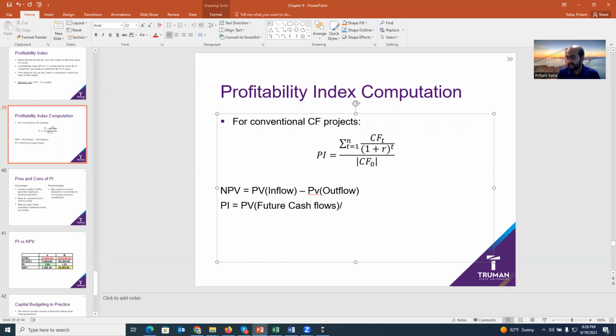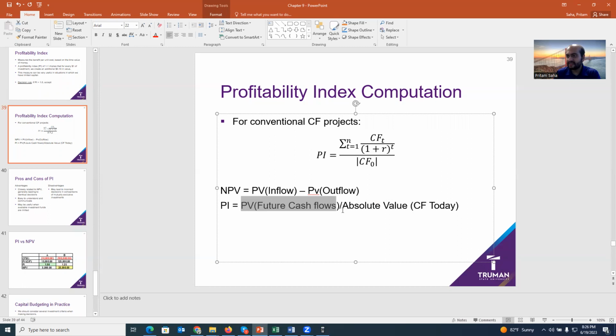That means if there is a negative, don't consider the negative, only consider the raw number. That's it. So we are not deducting, we are actually dividing it. We're trying to make it on a scaling basis, ratio basis, okay?